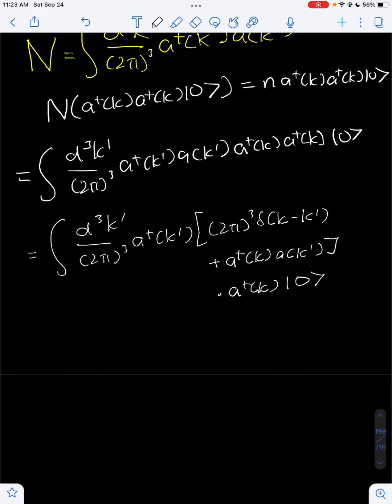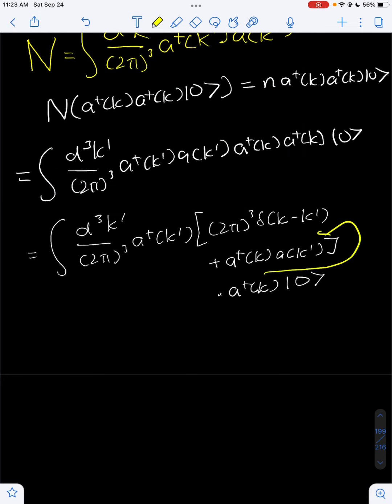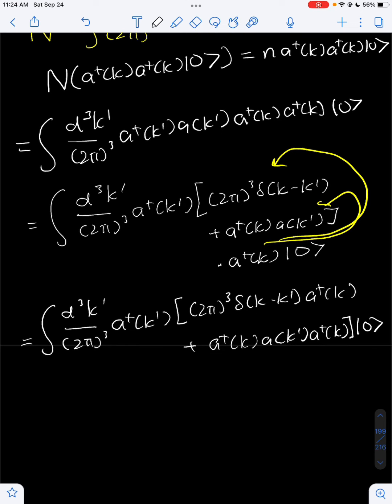So what we can do now to make this expression a bit nicer to look at is we can just distribute our A conjugate K inside this term, all multiplied by the vacuum state. So this is a bit nicer to see.